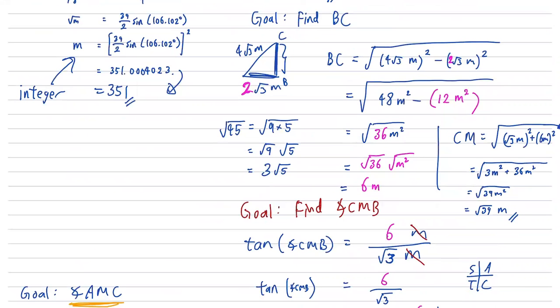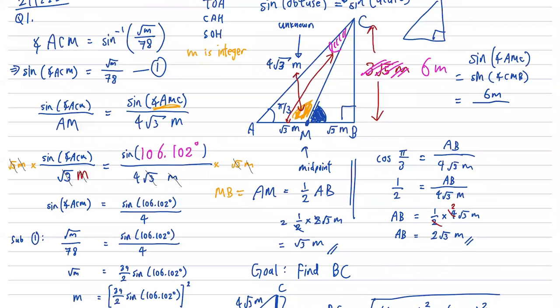What was the length again? Square root 39m. So let me label on my diagram, square root 39m. You notice the m cancels off, so it's 6 over square root 39. That's our exact ratio of the sine of angle AMC. Over here, sine of angle AMC is exactly 6 over square root 39.